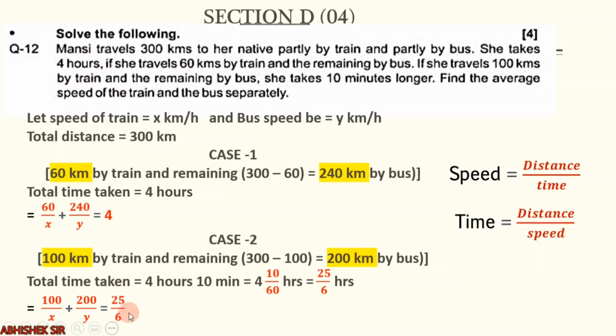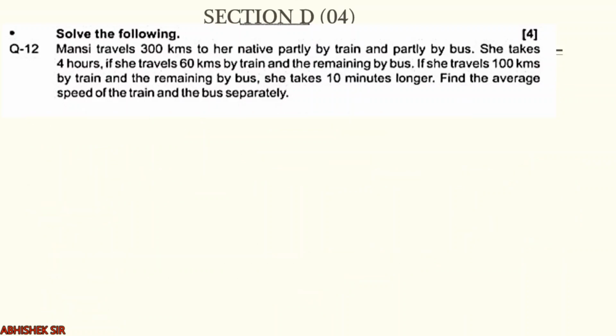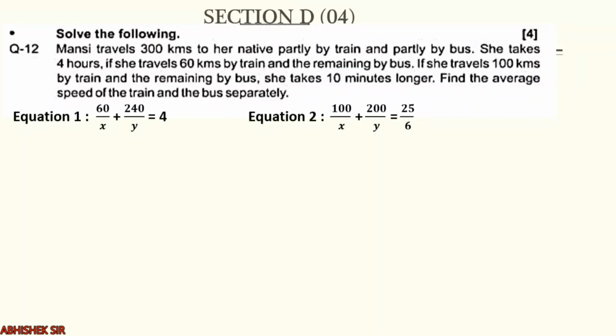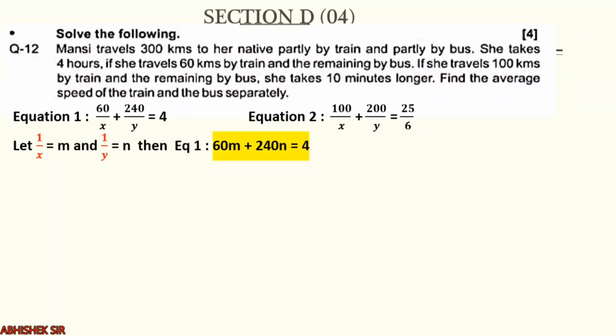So now we have got both the equations. Now again the equation is not in a normal form because the variables are still in the denominator. So this is a question of equations reducible to linear equations in two variables. Now let us utilize these two equations for our further solution. Equation 1 was this, equation 2 was this.